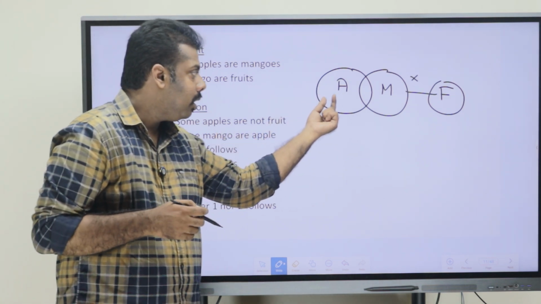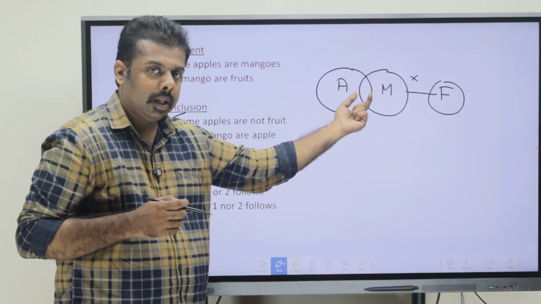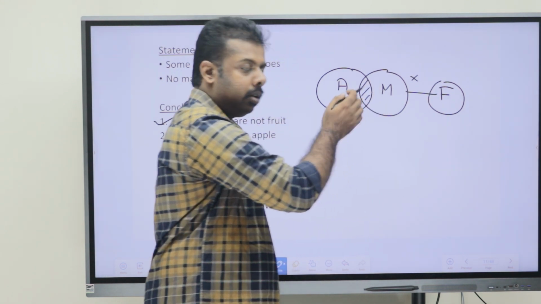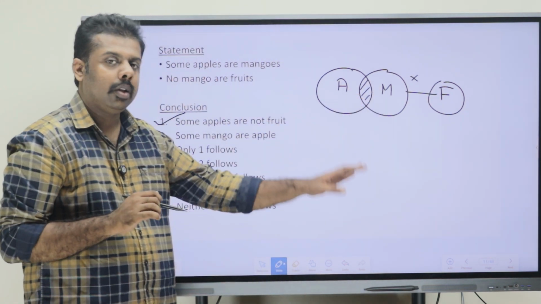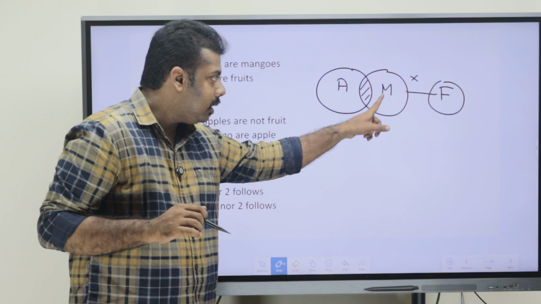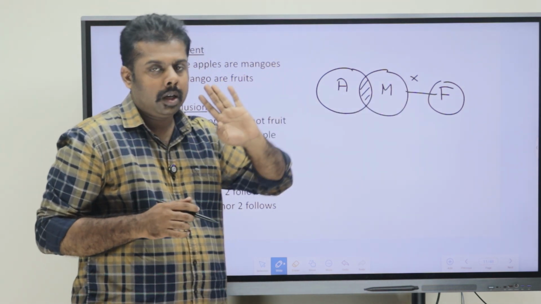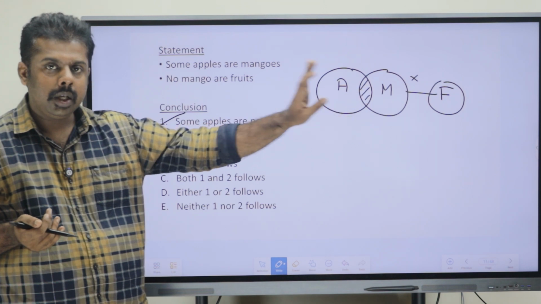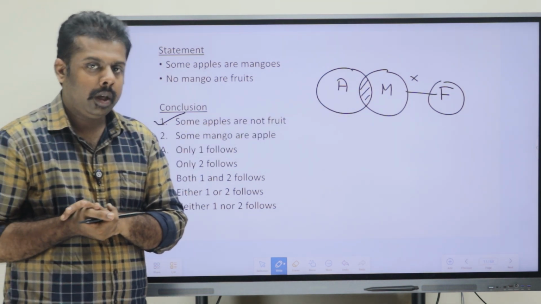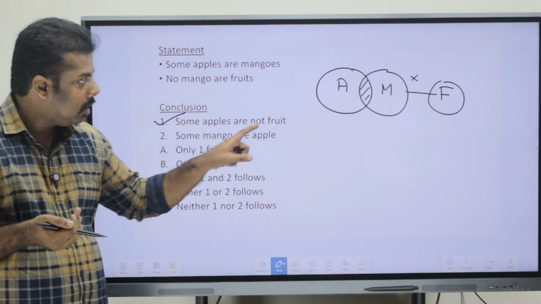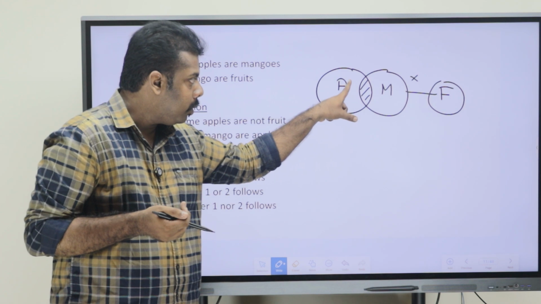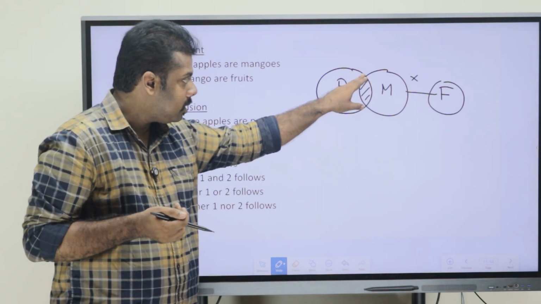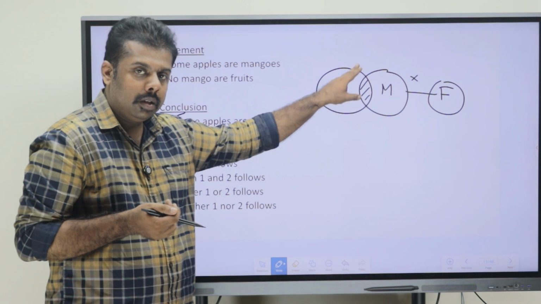So as we can see, apple and mango have some relation. That means this portion is connected between apple and mango, as we can see in the Venn diagram. And it has been said that mango and fruit don't have a relation. So that means no portion of mango has to be connected with fruit. Okay. So from there what we can say is that because this common portion is also related with A, A's some portion is there in this common part.